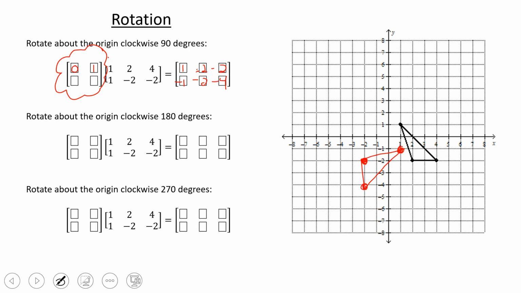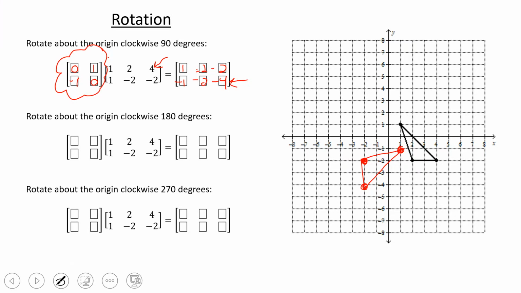And our last row of that 2 by 2, that would be looking at this row here, and it matches the top row here, but they all changed signs. So I would need to multiply the top row by -1 and ignore that bottom row in order for that rotation to work.